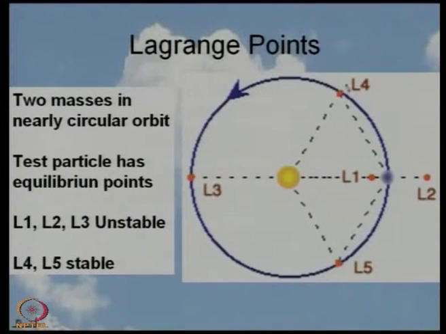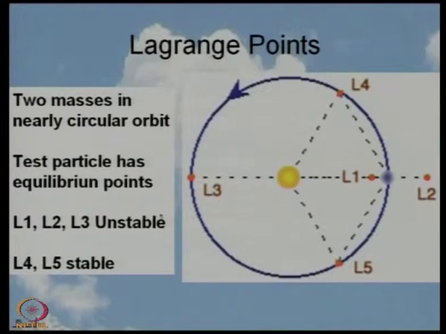In the triangle formed by L4 and these 2 objects, L4 is at the leading position, along the leading part of the motion, and L5 is trailing. So L4 is the leading Lagrange point and L5 is trailing. These are off the axis.